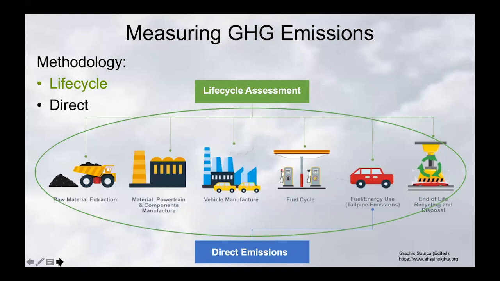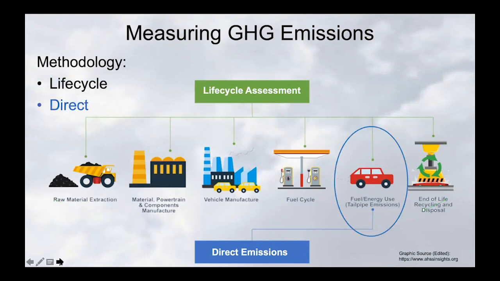So if we're looking at transportation, we would actually look at the emissions from the raw material extraction to the manufacturing of the components for the vehicle, then the assembly of the vehicle, the emissions from the fuel, and then the actual emissions from the tailpipe, which is what we tend to think of. And then as we recycle the vehicles, the emissions in that process. That's called the life cycle assessment, or LCA.